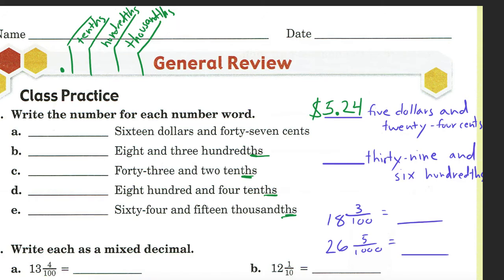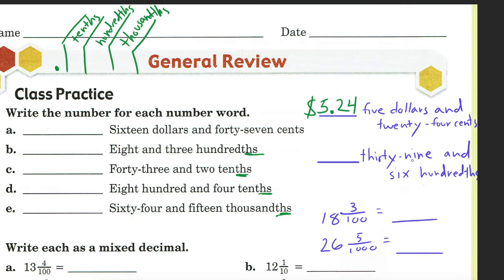So for this problem, here's an example problem. 39 6/100ths. So I would write 39, and I need to write 6/100ths. Since it says 6/100ths, that means it should be in a decimal, in the hundredths decimal place. So what's the hundredths decimal place here? It's the second decimal place, right?